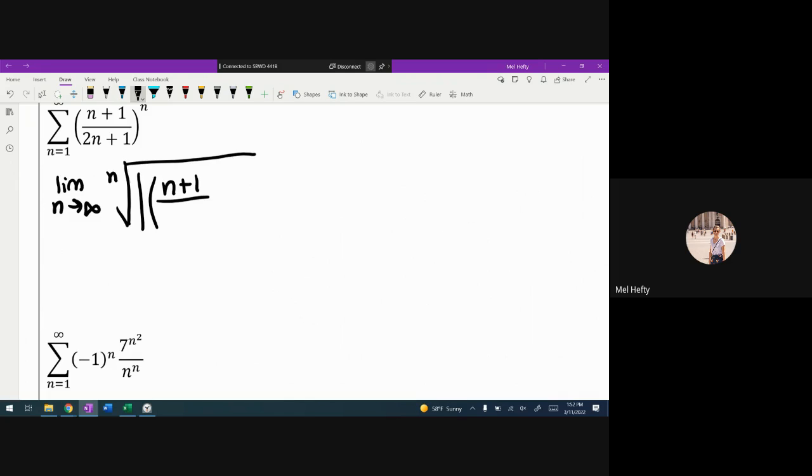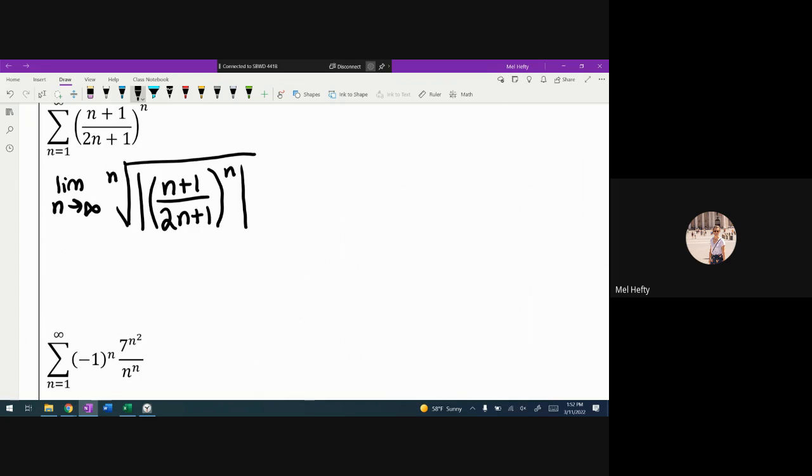They are very obnoxious notationally, but they've got to be there. This question is kind of perfect for the root test. Just note that this is a principal root, so it's only the positive one.